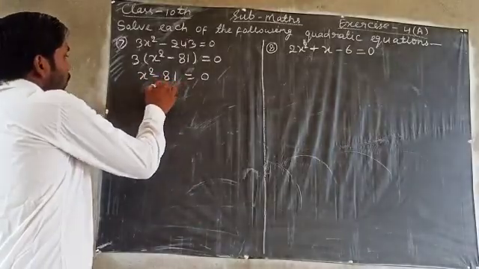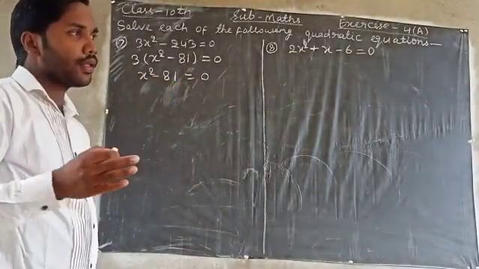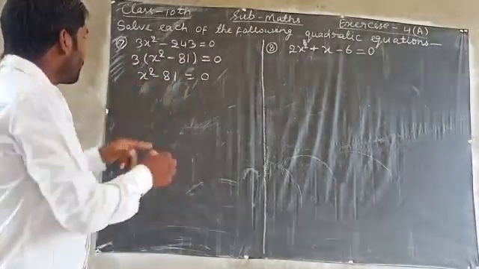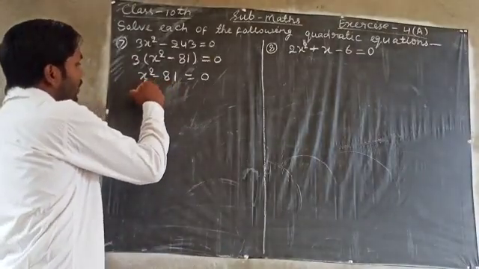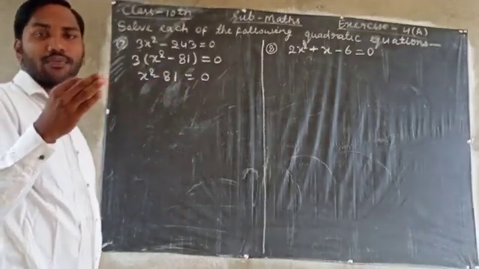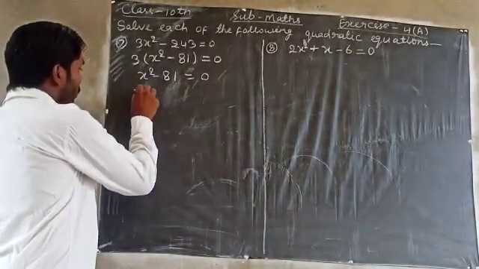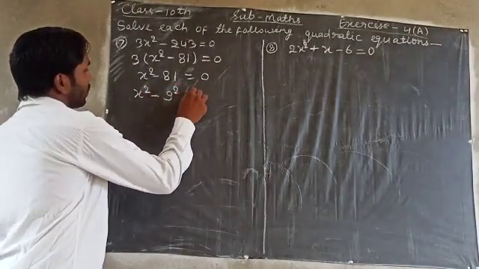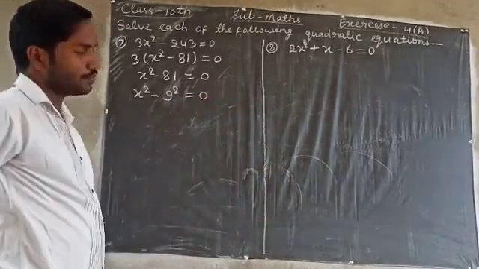Now, we will split these two parts. You can see this is in the form of a square, and 81 you know is the square of 9. So it will be x square minus 9 square is equal to 0.